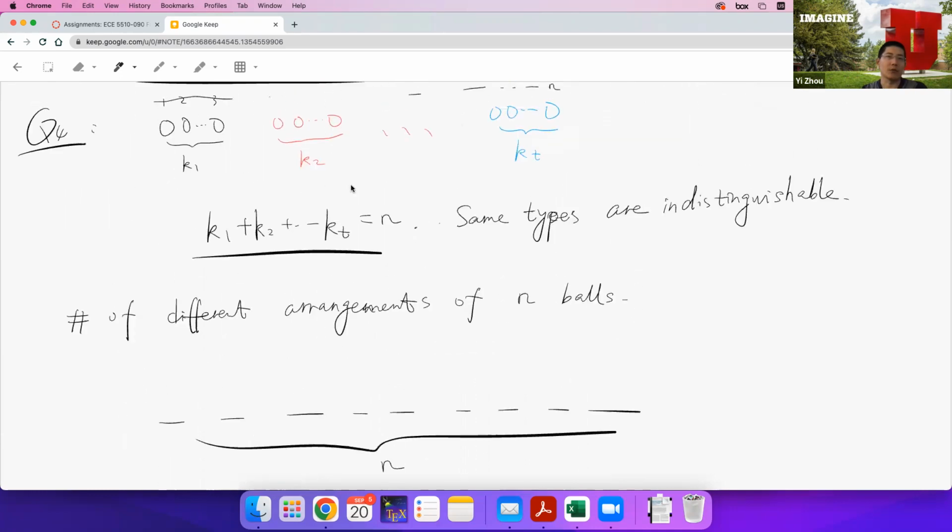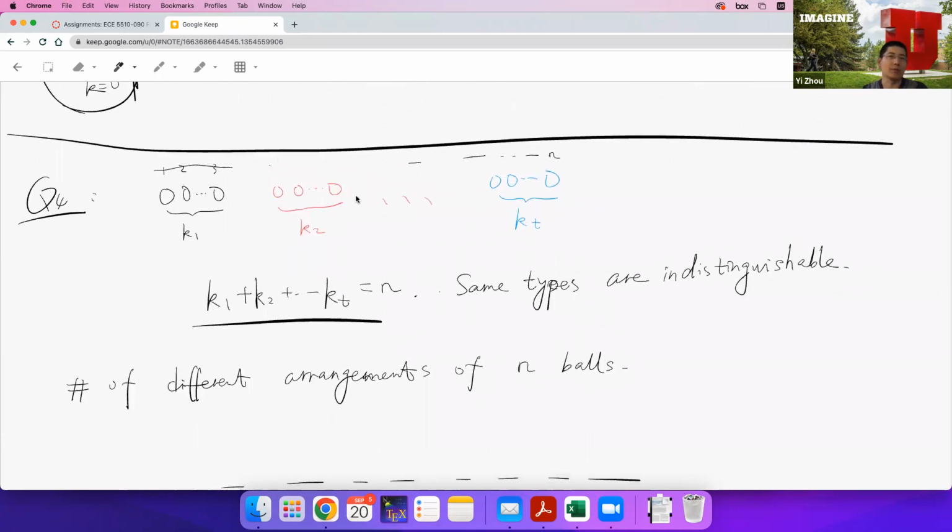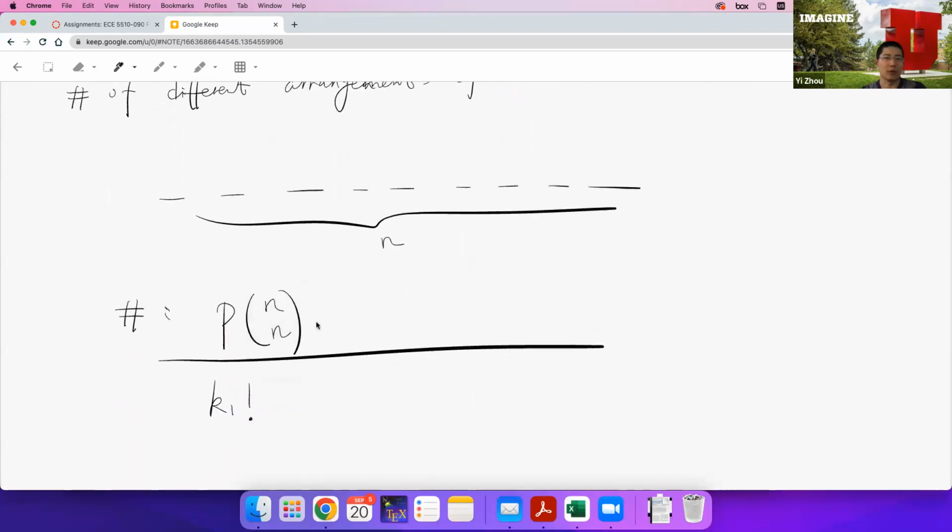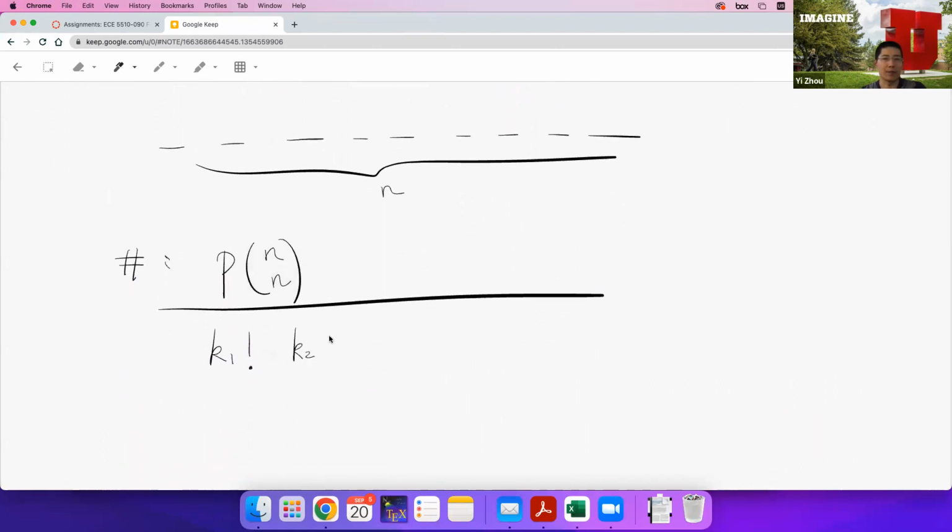And then for red balls, it's the same thing. The permutations among red balls are treated as the same list, right? So you need to divide it by all the possible number of permutations among the red balls, and until you divide it by all the possible permutations among the blue balls. Okay.